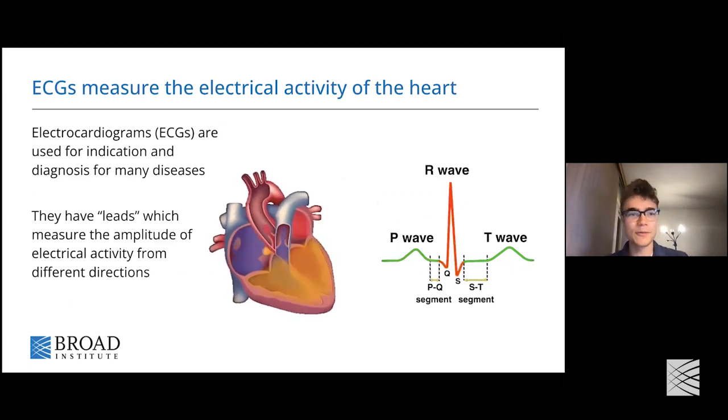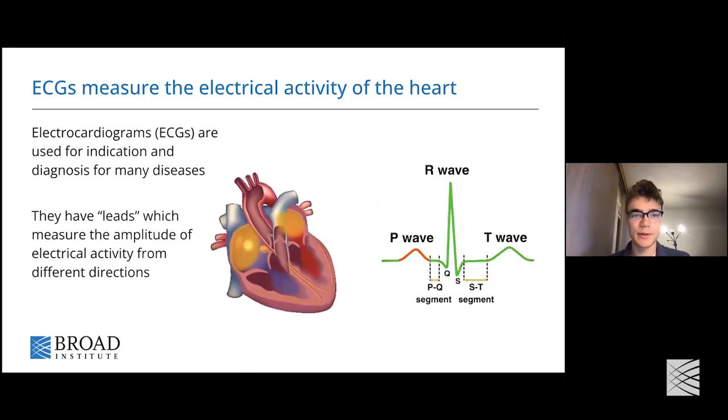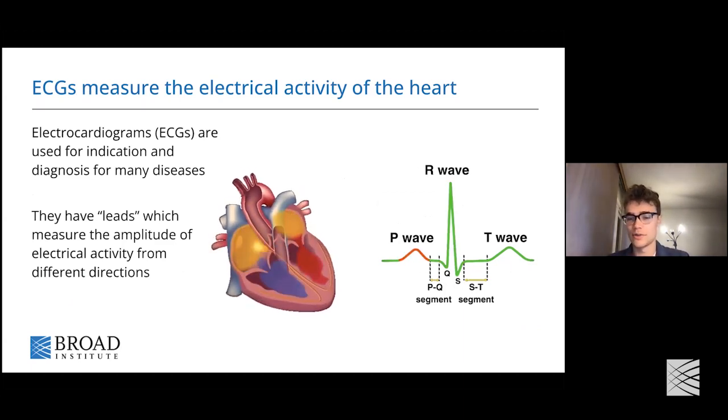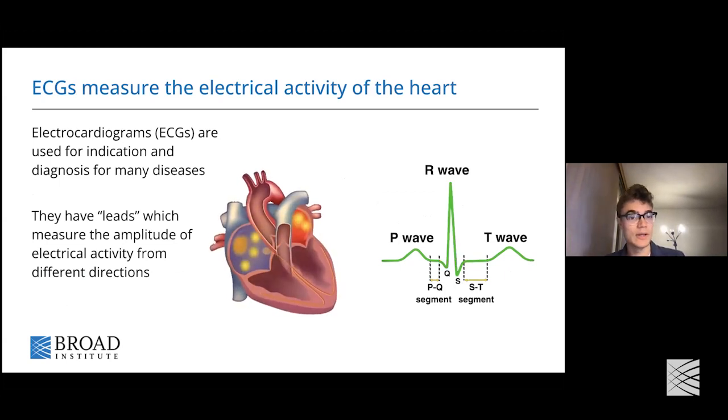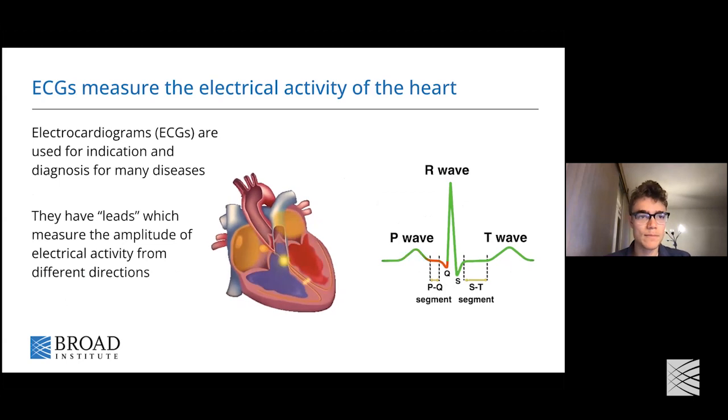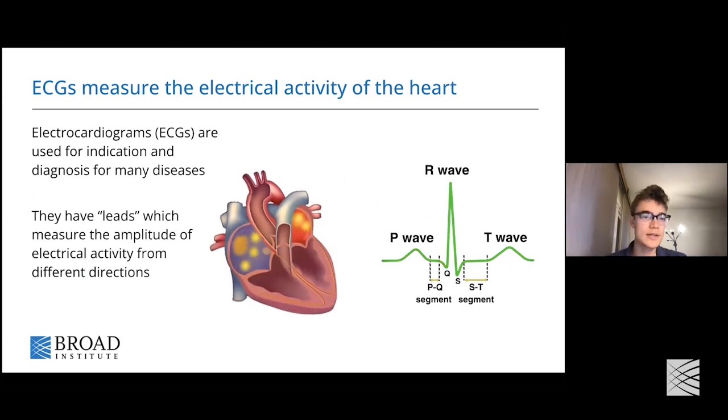And so we had 3.2 million of them, so I should probably explain what they are. The ECG measures the electrical activity of the heart, for those who are not familiar. An electrocardiogram can be used for indication or early diagnosis for a ton of different diseases.